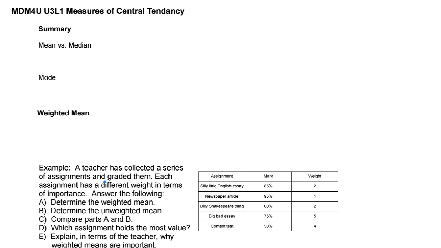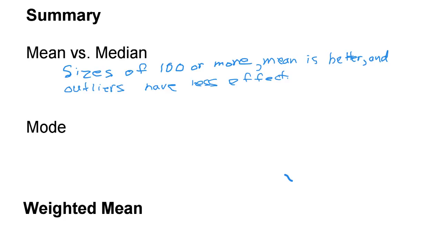So let's talk about the final concept of mean, median, and mode. When we're talking about mean versus median, here's what you need to understand. Because we have sizes of greater than 100 for certain calculations, the mean ends up being better. If you think about it, because there's more normal numbers in the set, the outliers don't affect it as much.